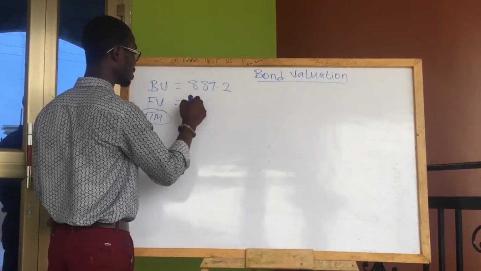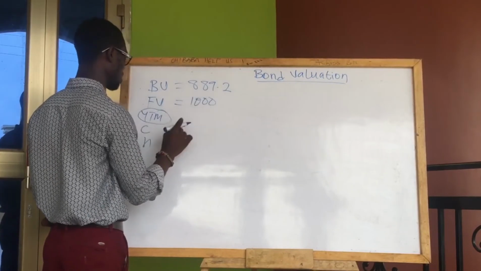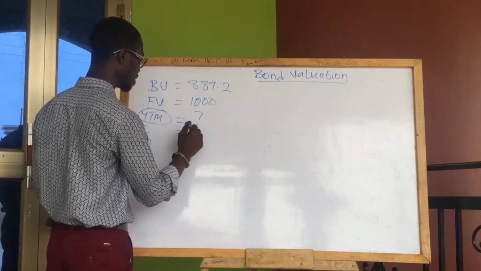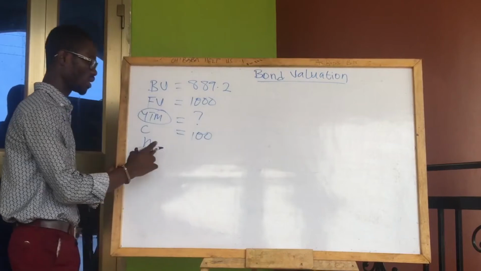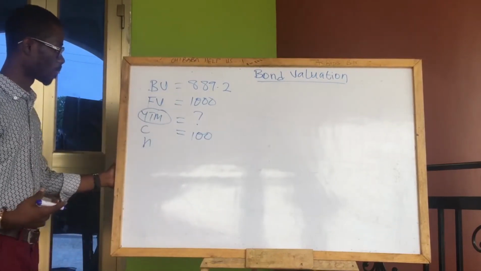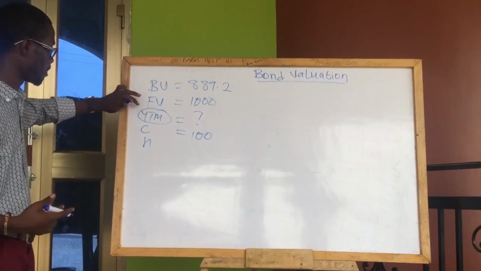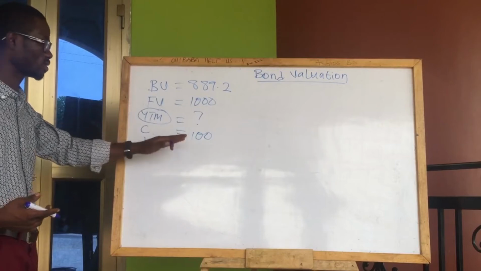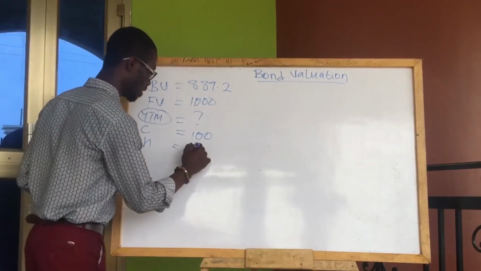The face value is 1,000 Ghana cedis. Now we don't know the yield to maturity. Now coupon payment is 100. That is, the coupon rate is 10% of the face value. So it gives you 100 cedis. Now, number of years, 8.